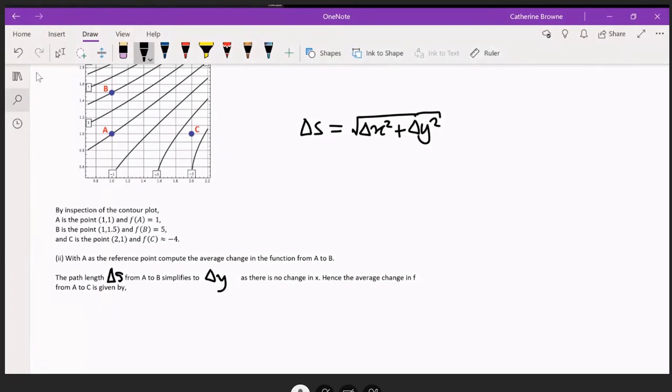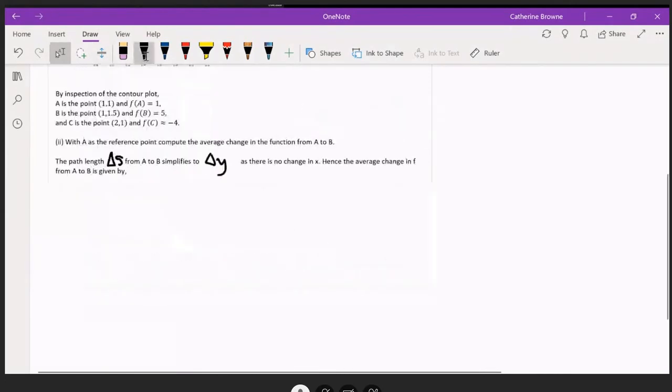So now we're looking from A to B. That's given by change in f over change in y.